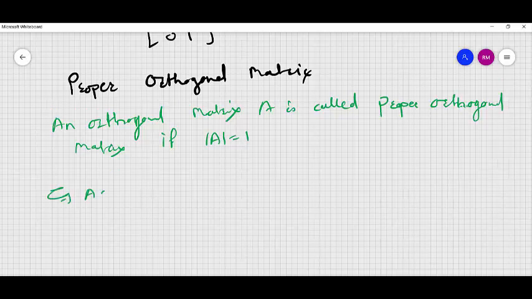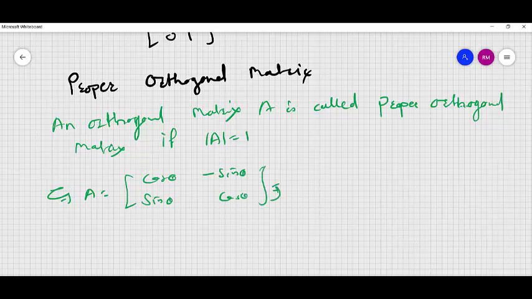Example, A equal to cos theta, minus sin theta, sin theta, cos theta.